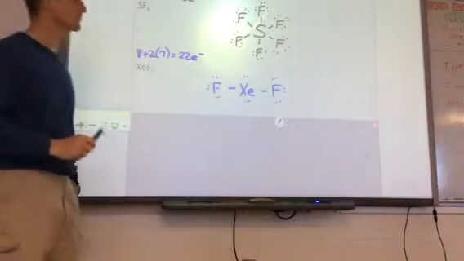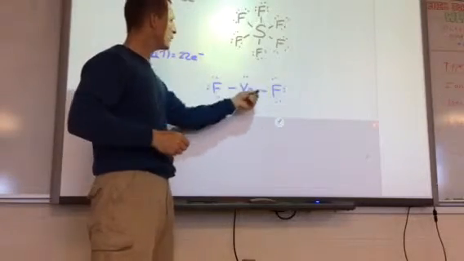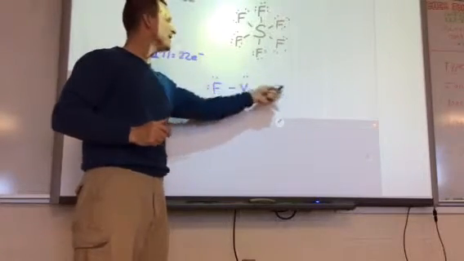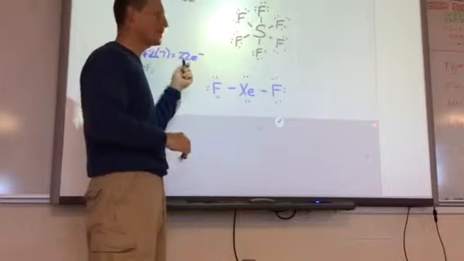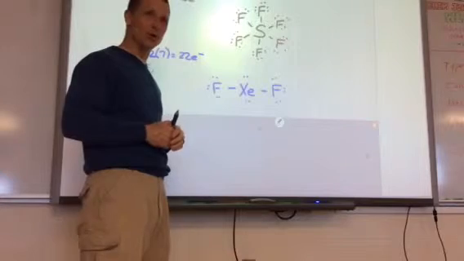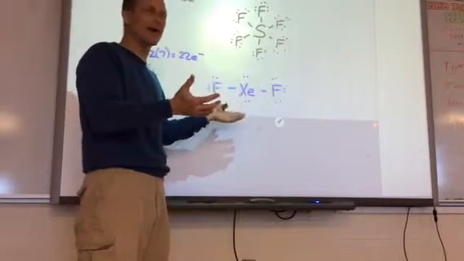Okay. Now count them up. 2, 4, 6, 8, 10, 12, 14, 16, 18, 20. I have 20 electrons shown. Everybody's following the octet rule, but I need 22 electrons. So what am I going to do? Where am I going to put 2 more electrons when everybody already is following the octet rule?